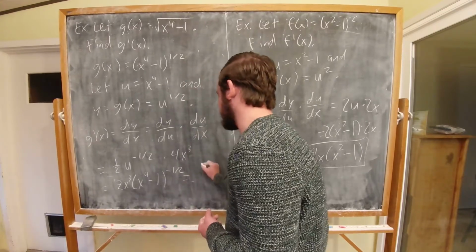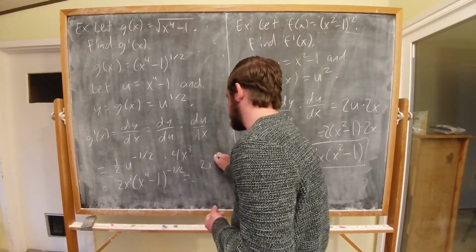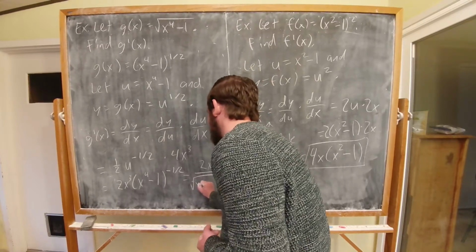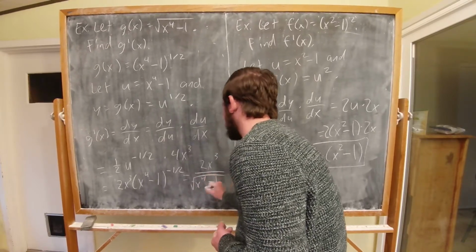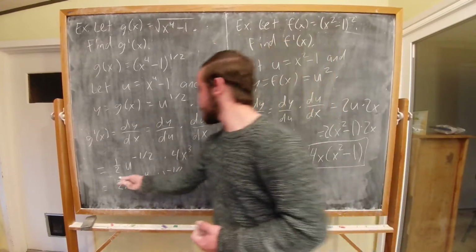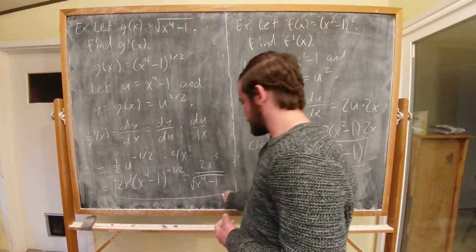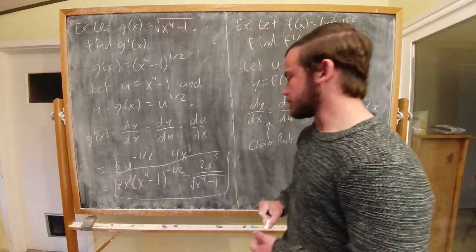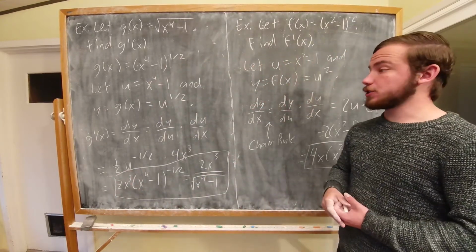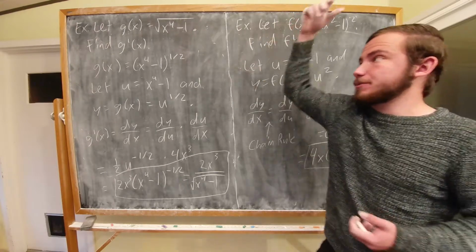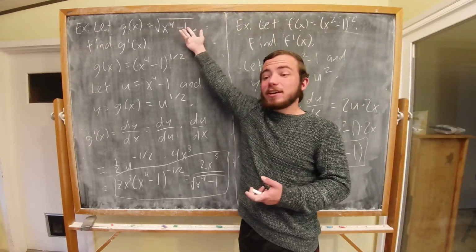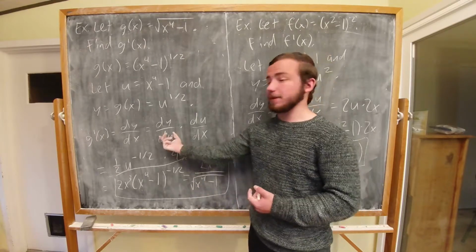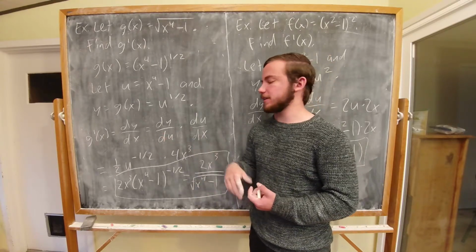If you wanted to get real fancy, you could write that as 2x cubed divided by the square root of x to the 4th minus 1. There we go. So, again, the chain rule makes computing very nasty derivatives very quick and very simple by computing two smaller and easier derivatives.